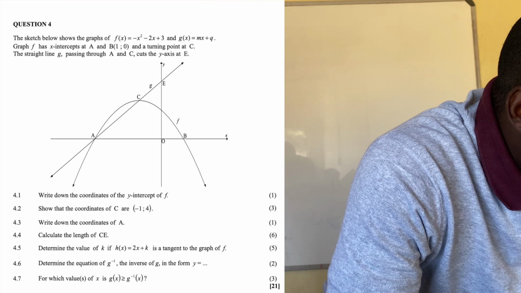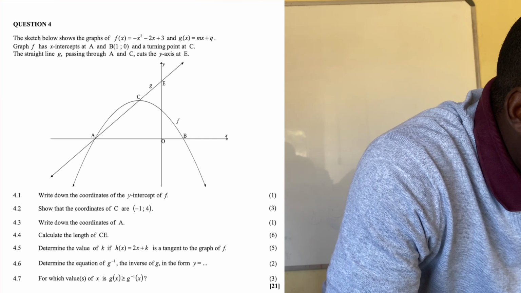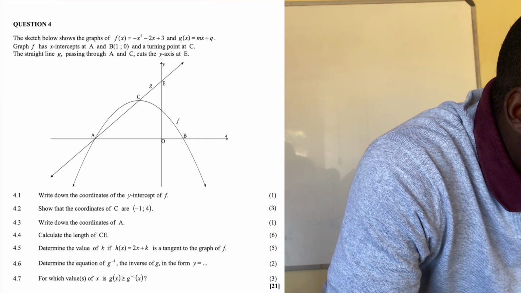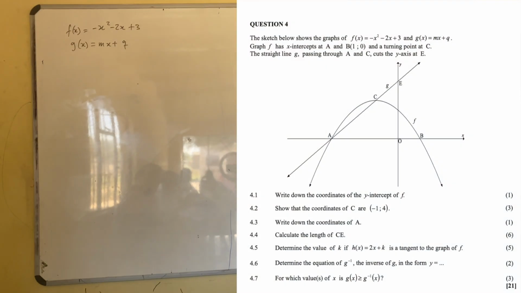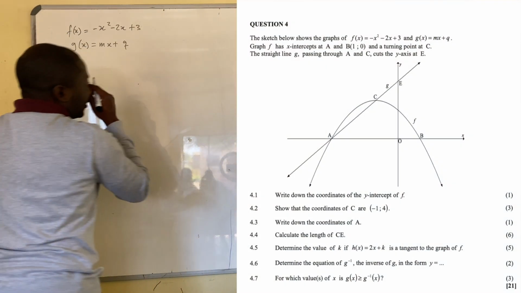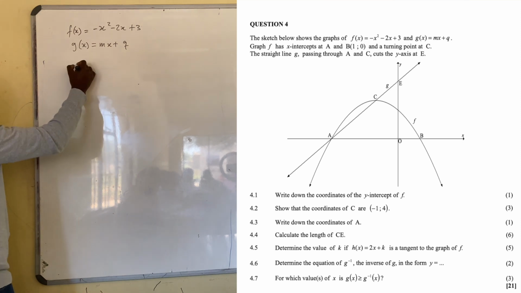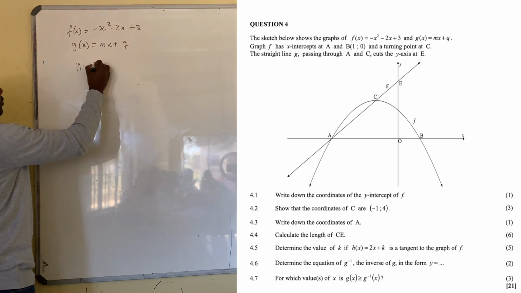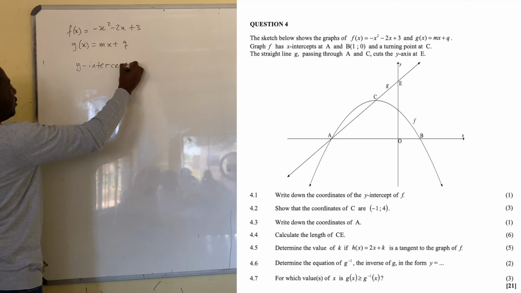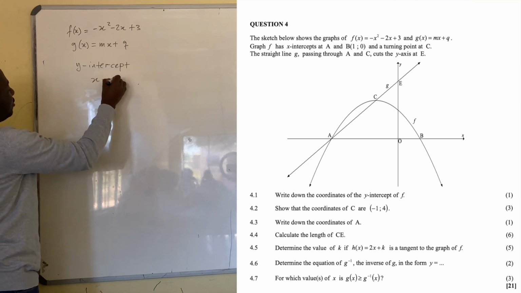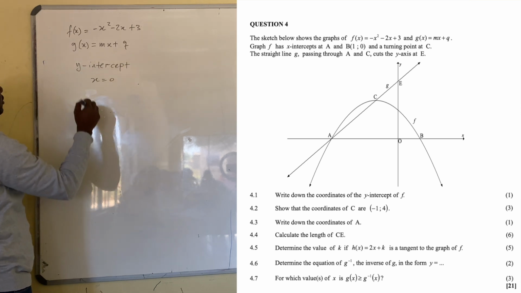Then 4.1 says, write down the coordinates of the y-intercept of F. At the y-intercept, what do we know? So x is equal to 0. So we make x 0 there.